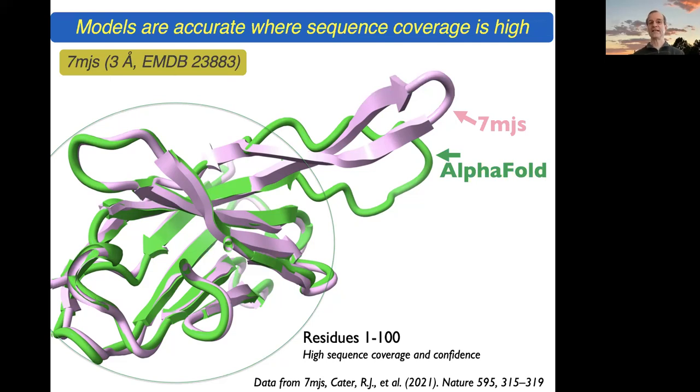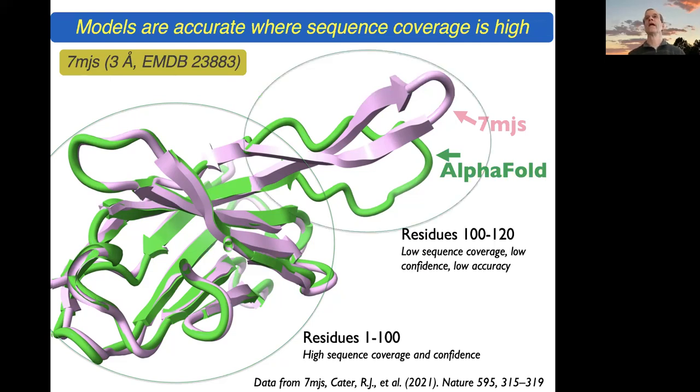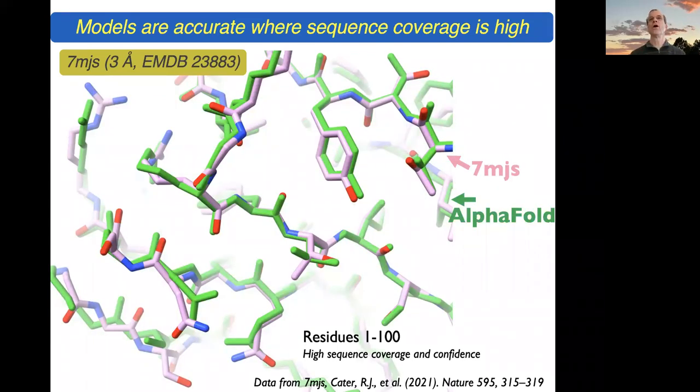The right-hand side has relatively lower sequence coverage, although not tremendously lower. It has lower confidence and it has lower accuracy. Accuracy of the well predicted or high confidence part can be quite good. So this is looking in the core of that left-hand side of that structure.